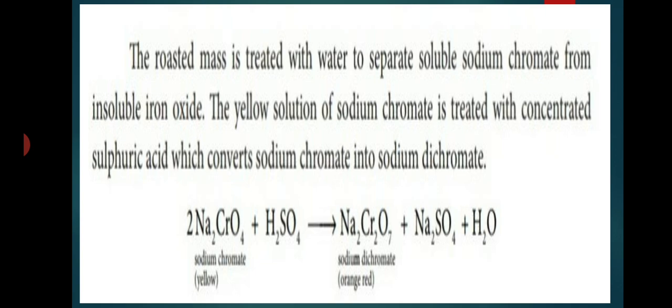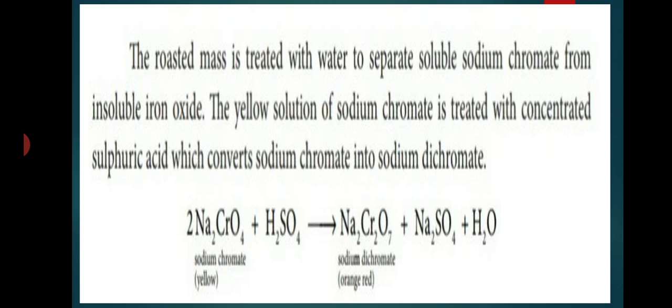The yellow solution of sodium chromate is treated with concentrated sulfuric acid. So the second step is that sodium chromate is treated with concentrated sulfuric acid, which converts sodium chromate into dichromate. 2Na2CrO4 plus H2SO4 gives Na2Cr2O7, that is sodium dichromate, plus Na2SO4 plus H2O.